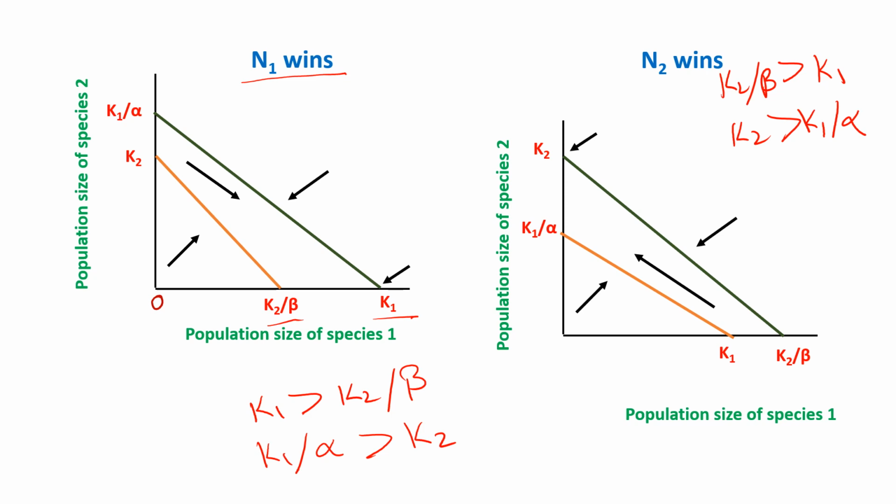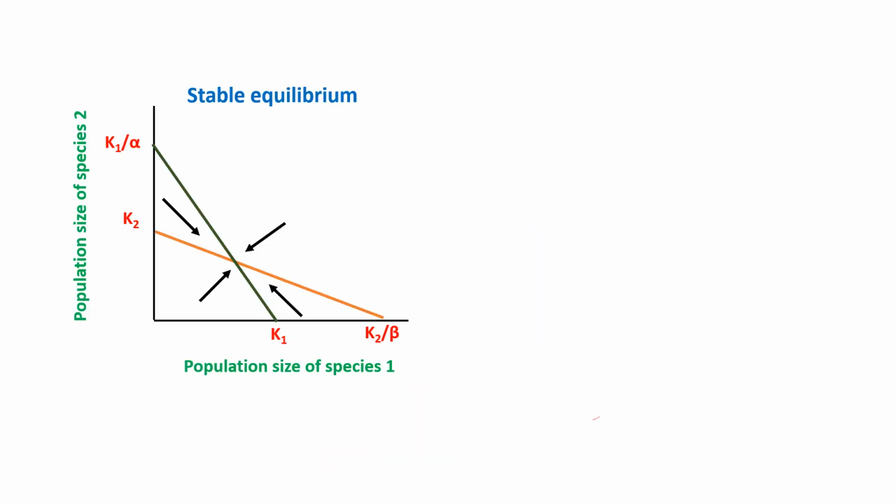So these two graphs show the interpretation where N1 wins and N2 wins. Now, stable equilibrium can be there in an ecosystem, and when it is there, K2 upon beta will be greater than K1 and K1 upon alpha is greater than K2.